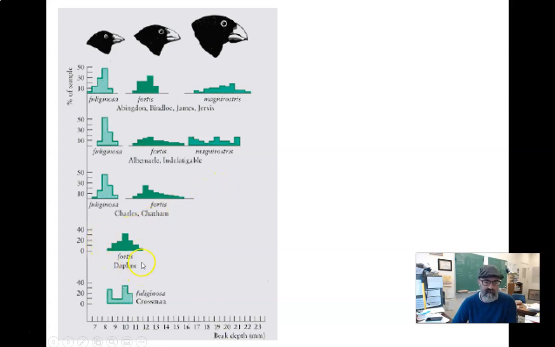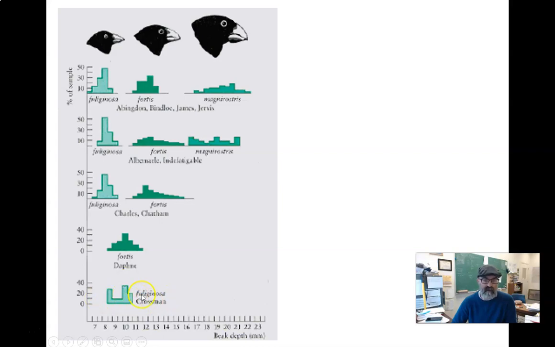But on the island of Daphne, where only fortis lives, we see that the niche has shifted. When released from competition from fuliginosa, the niche shifts down to smaller food size. And on the island of Crossman, when only fuliginosa occurs there, it actually shifts up.